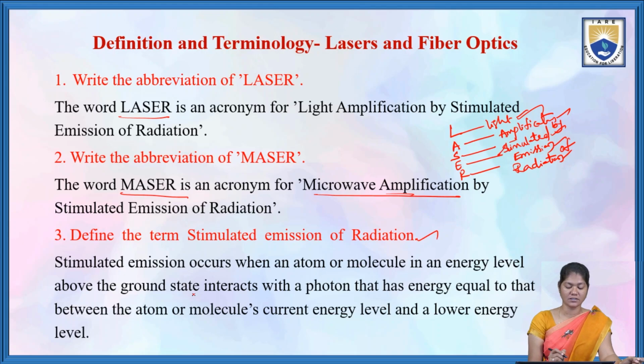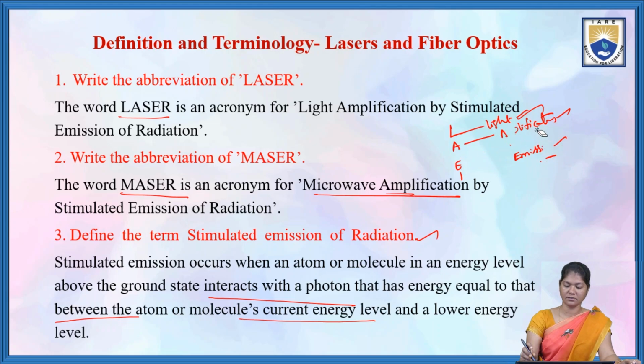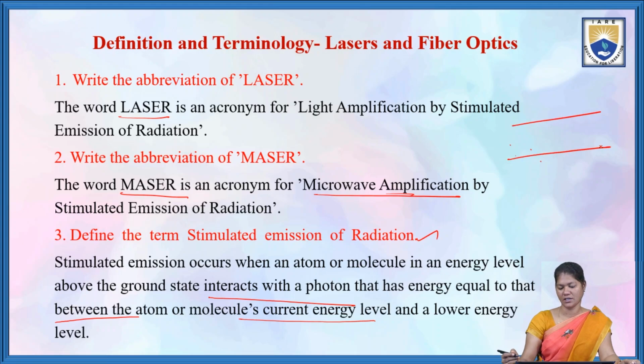Stimulated emission occurs when an atom or molecule in an energy level above the ground state interacts with a photon that has energy equal to that between the atom or molecule's current energy level and a lower energy level. To define it, first we shall see the different energy levels.